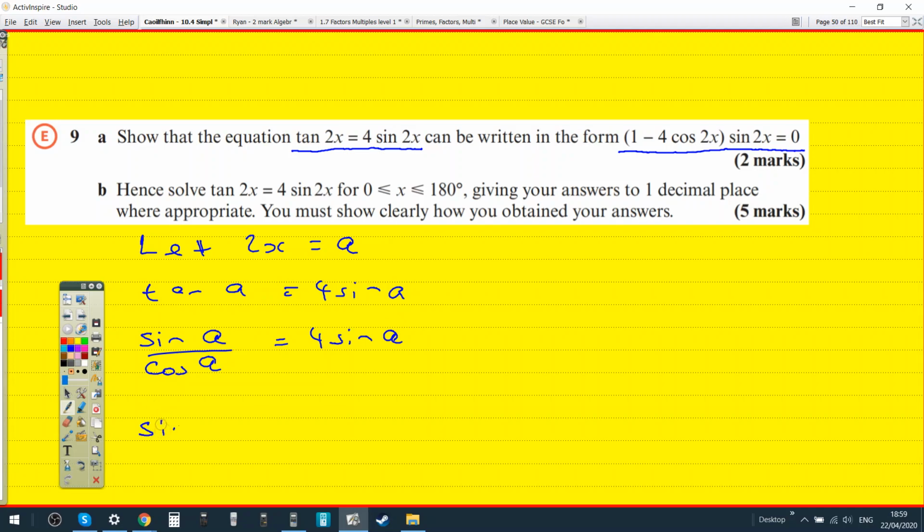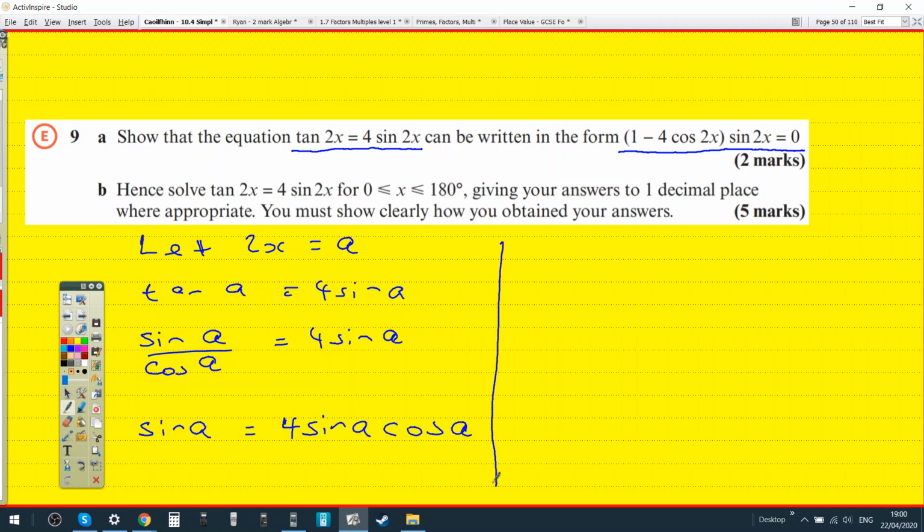Sine a equals, you just write it in brackets like 4 sine a and then brackets cos a. Yeah, like times, or no brackets, same thing. XY, sine a cos a means times. Then we want to get it equal to 0.